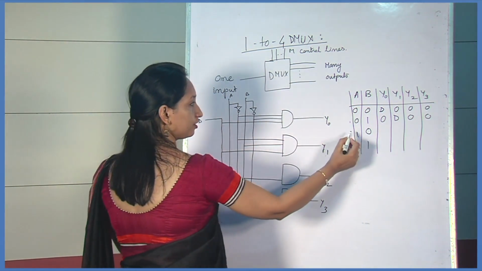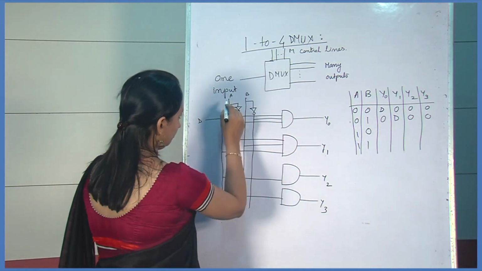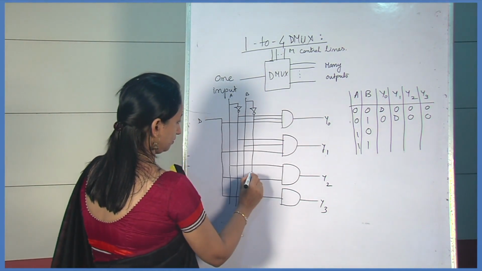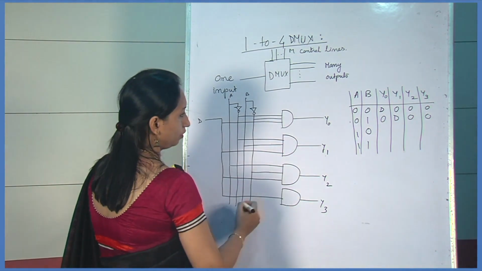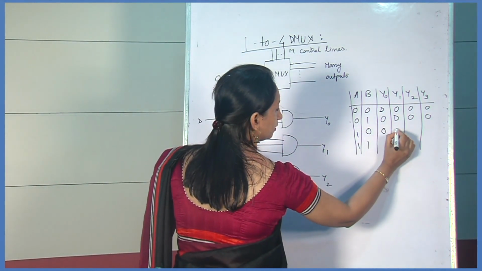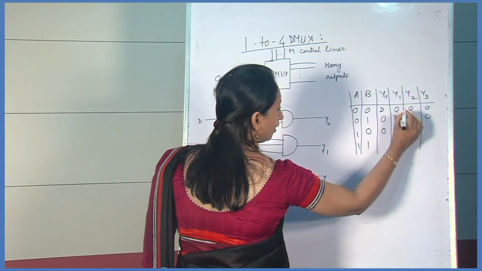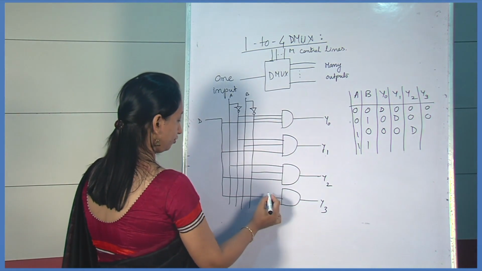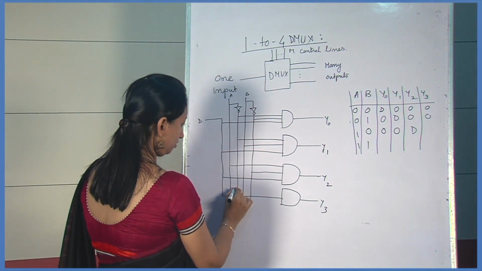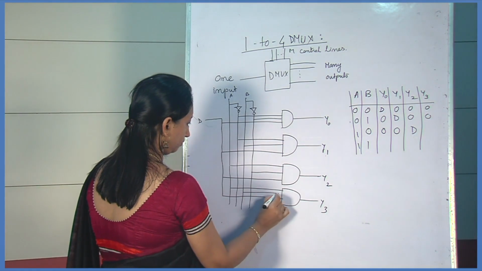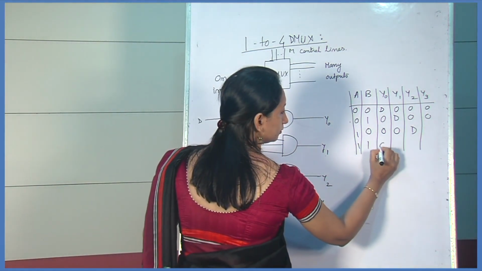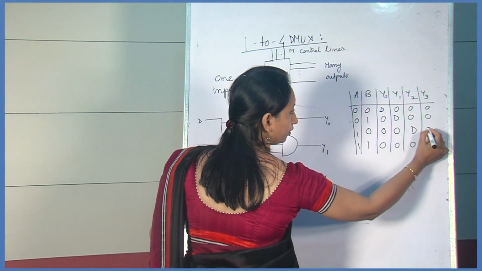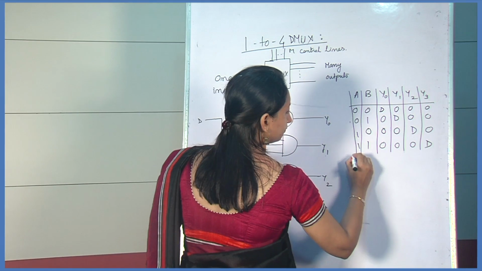For the third combination, 1, 0, that means A is 1 and B is 0. For this combination, the output is reflected on Y2, the output of the third AND gate, and for the last combination, that is 1, 1, it is 1. The other 3 outputs are 0.